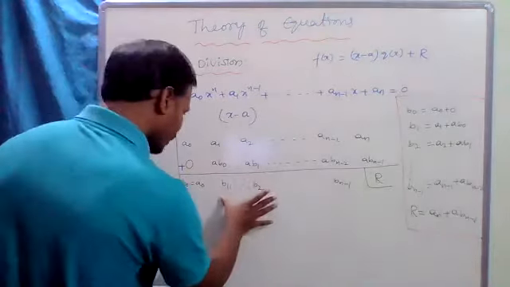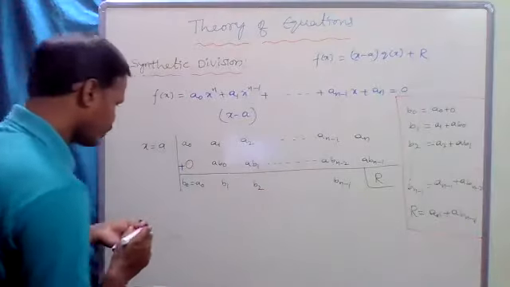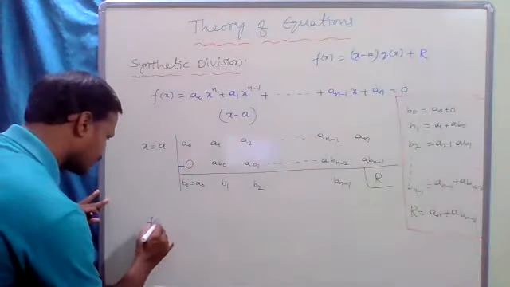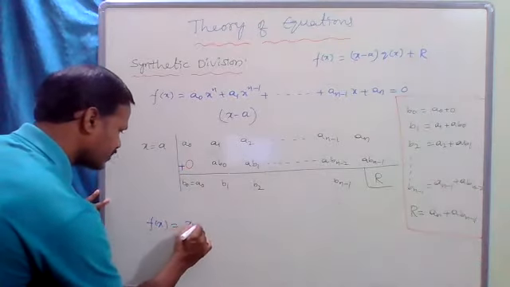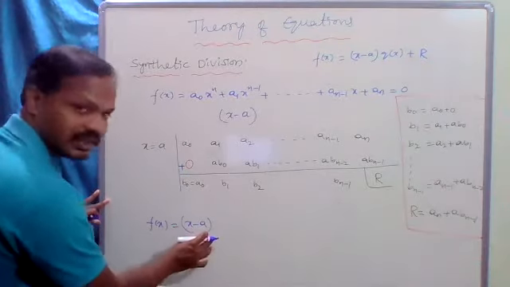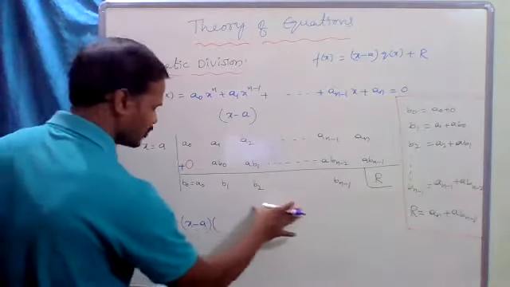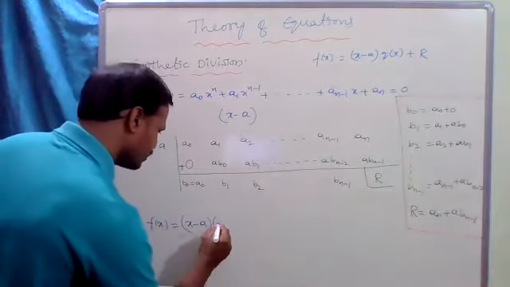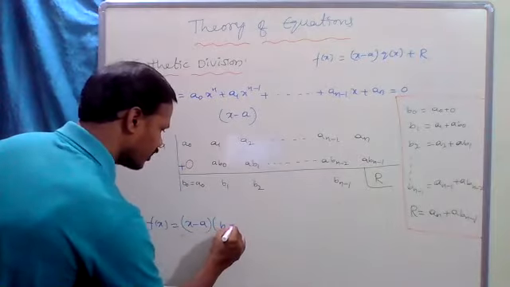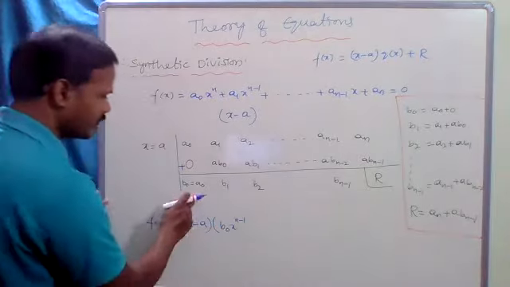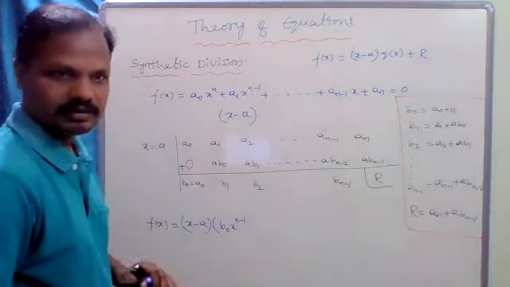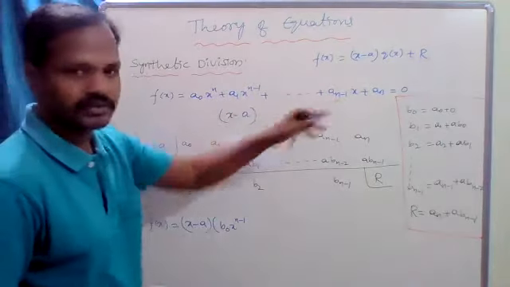So how can we write this one? f of x equals x minus a, the divisor, into the quotient. The quotient is b naught x power n minus 1, because 1 degree will be decreased. This is a polynomial of degree n.